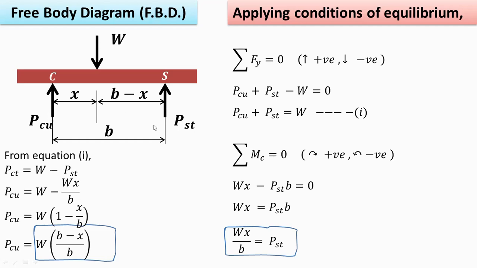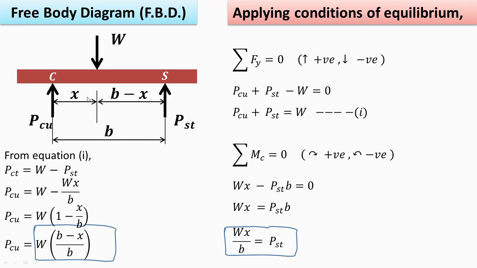PCU plus PST are acting in the upward direction, supporting this bar, and load W is acting in the downward direction. So PCU plus PST minus W is equal to 0. Transfer this negative value to the other side, it will become positive. That is our first equation.